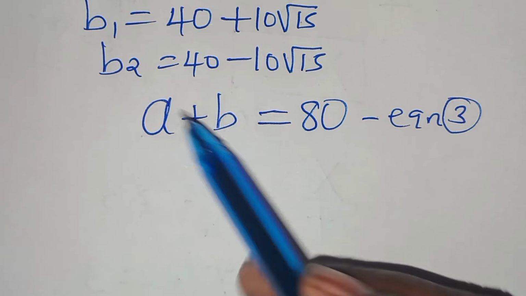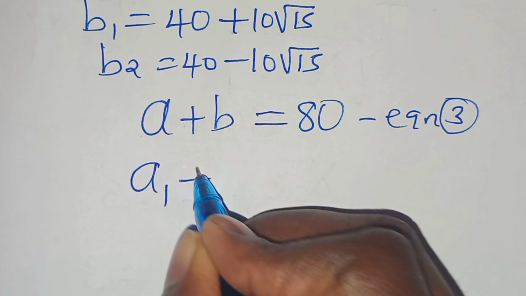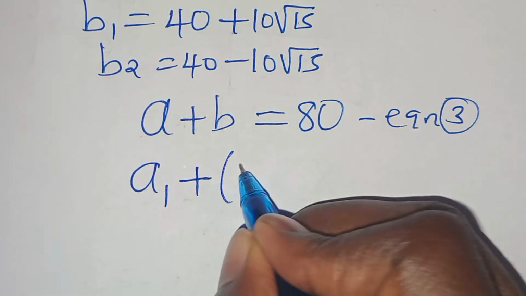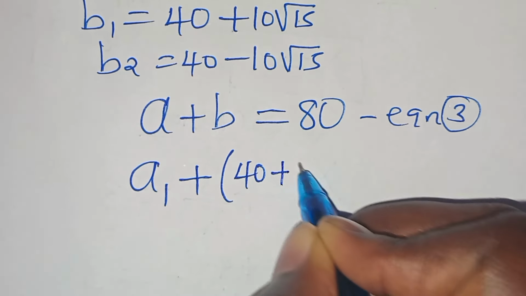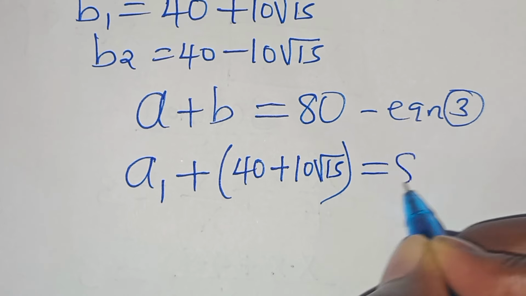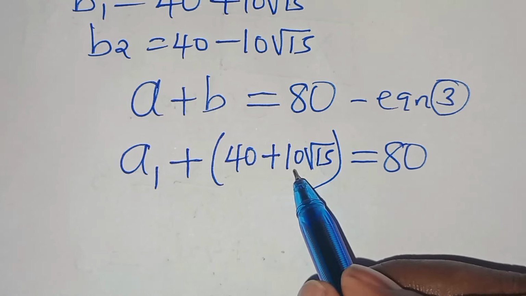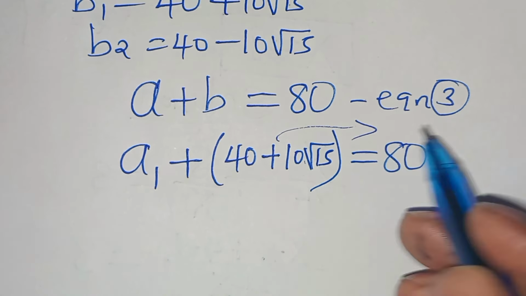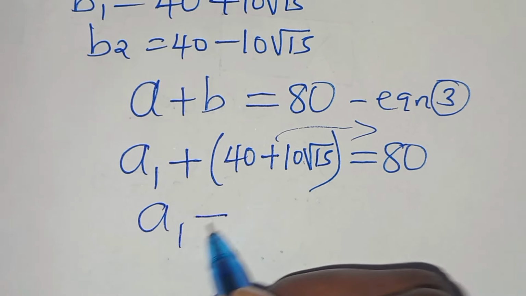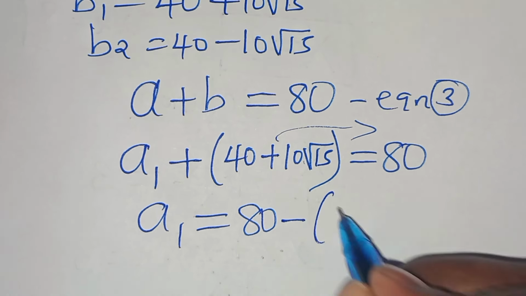So let's substitute b1 here so that we have a1 plus b1 is 40 plus 10 square root of 15. This is equal to 80. So let's take 40 plus 10 square root of 15 on the right hand side so that a1 will be equal to 80 minus, here we have 40.